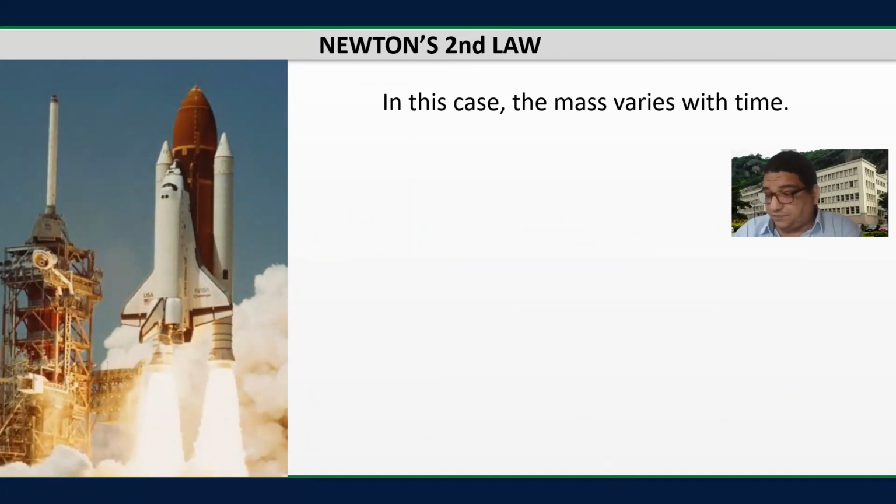So in this case, I have a huge mass of fuel that burns along the way, and more than half of the mass is fuel that will burn along the time.